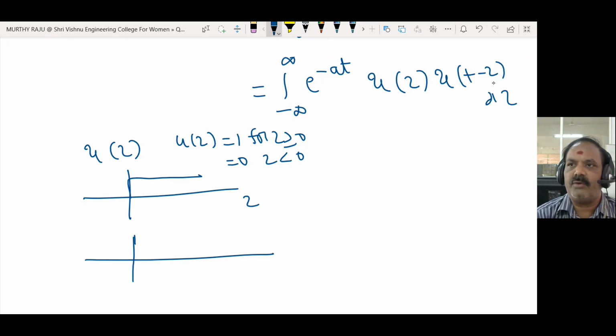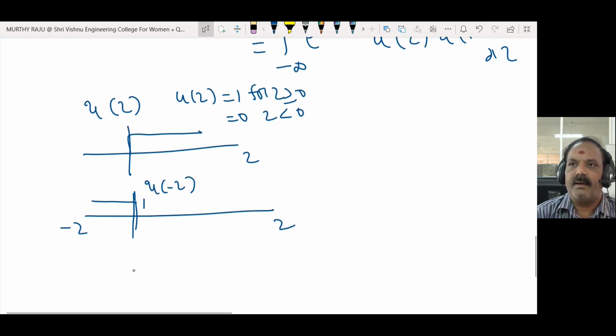For determination of u of t minus tau, we know u of minus tau is like that. Minus tau, this one is tau. And u of t minus tau means this function is shifted.